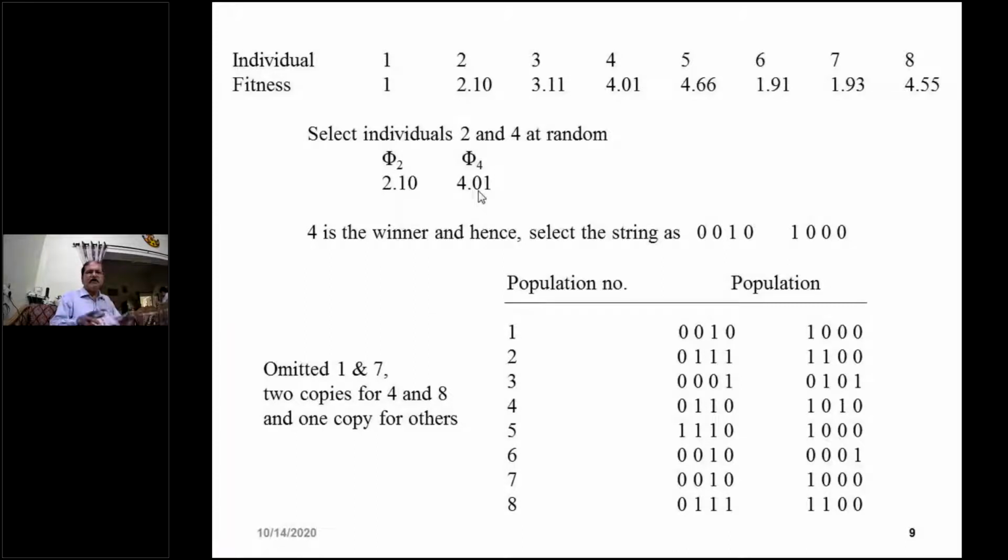So similarly, we make a game between two members, compare them and get one selected. Doing so, you see, population member 1 and 7 have been omitted, and 2 copies of 4 and 8 have been selected, and 1 copy of the others, and the new population is shown here. This is what we do.